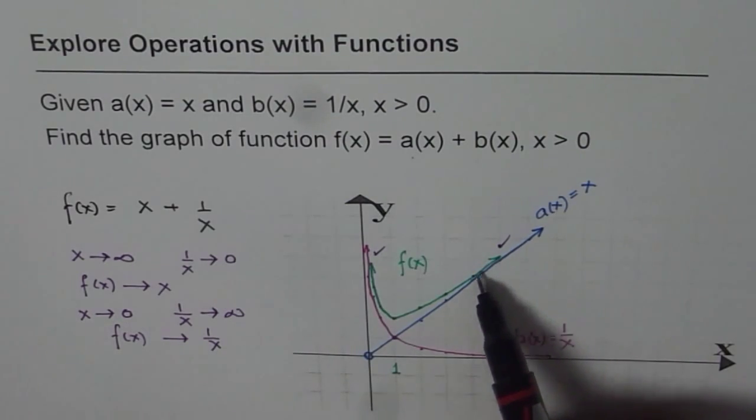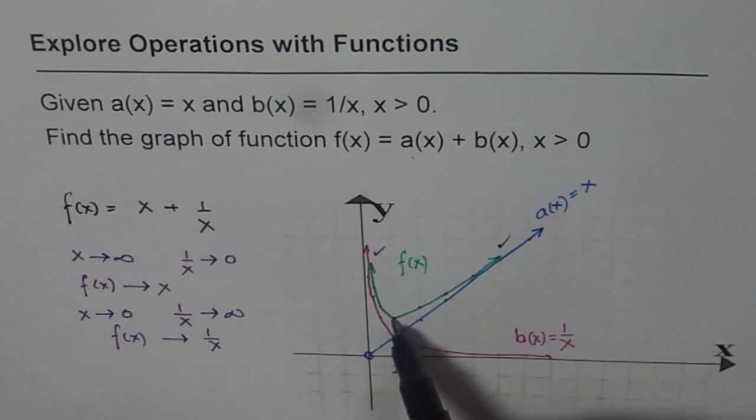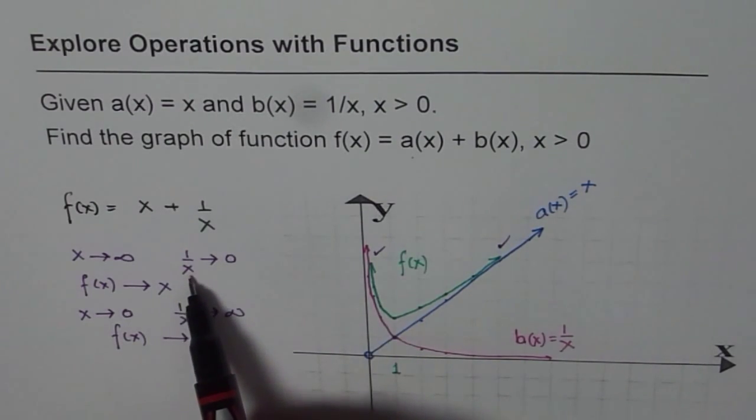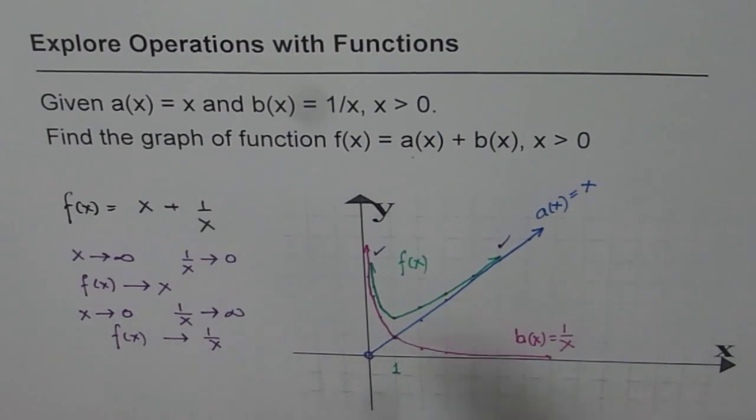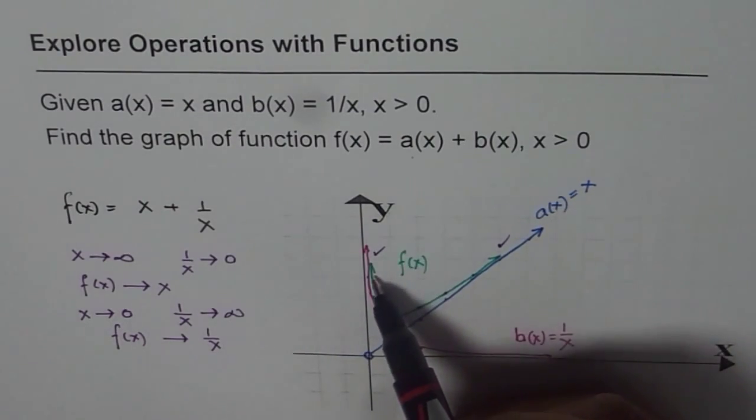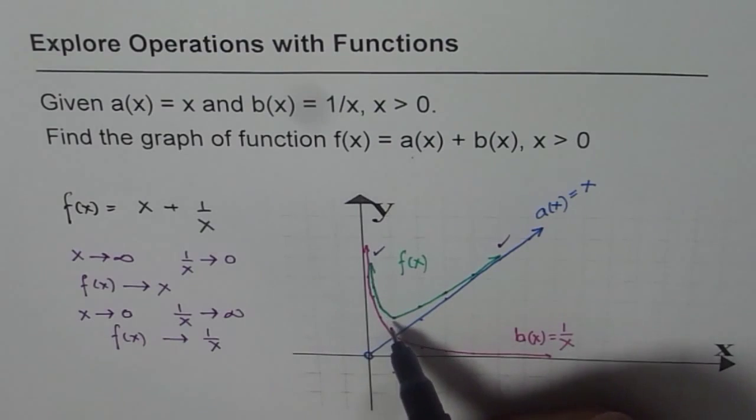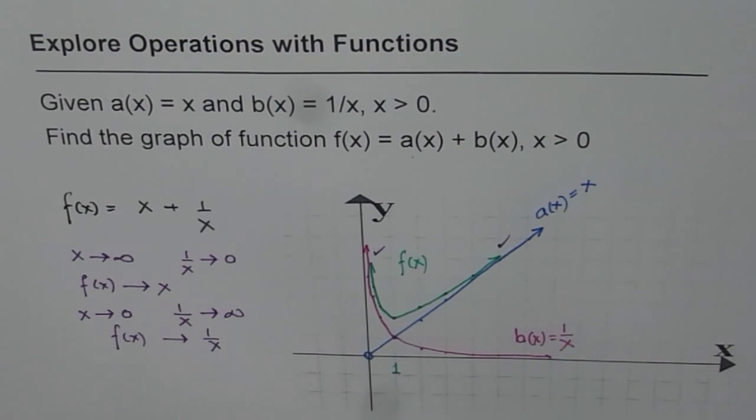But as x approaches small value, that is less than 1 and approaching 0, the function approaches the value of reciprocal function. And f of x has a minimum at x equals 1. So with the help of combination of functions, we can actually get to know new functions, and that is what we are going to learn in these set of videos.